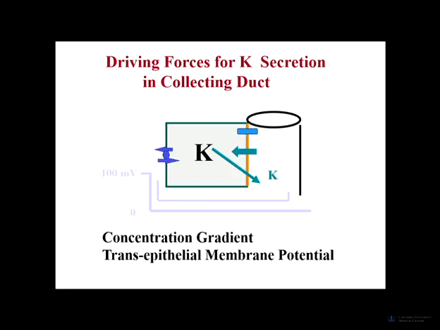We already talked about that. Acid-base balance, insulin, beta blockers, all of these things affect the intracellular concentration of potassium in the collecting duct as well as in every other cell you can think of, so it affects potassium secretion that way.